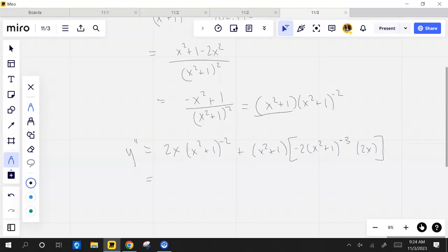So I get 2x over x squared plus 1 squared, plus, this is up top, and this is up top, so negative 4x times x squared plus 1 over x squared plus 1 to the third.